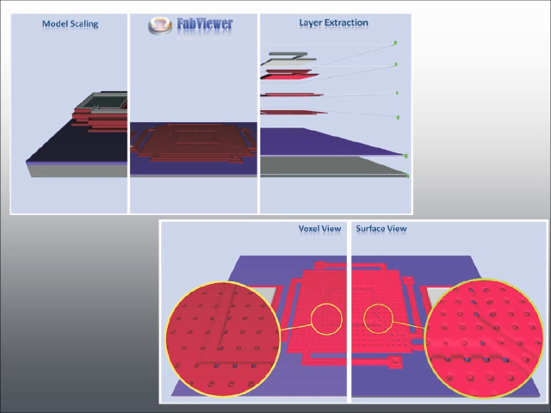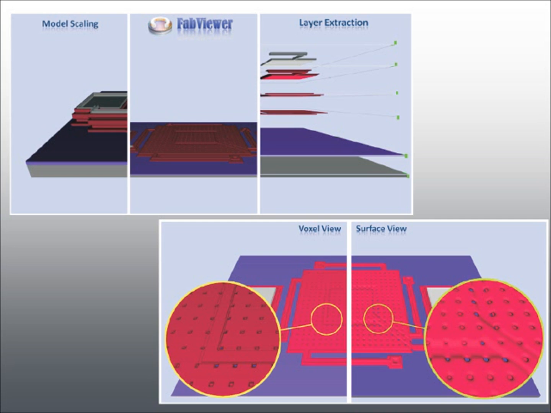So first, I'd like to say a few things about FabViewer. FabViewer is our traditional voxel-based visualizer for your process flow. Within FabViewer, you can take a look directly at the different layers in your process. You can also scale in X, Y, or Z directions to get a better look at your process flow.